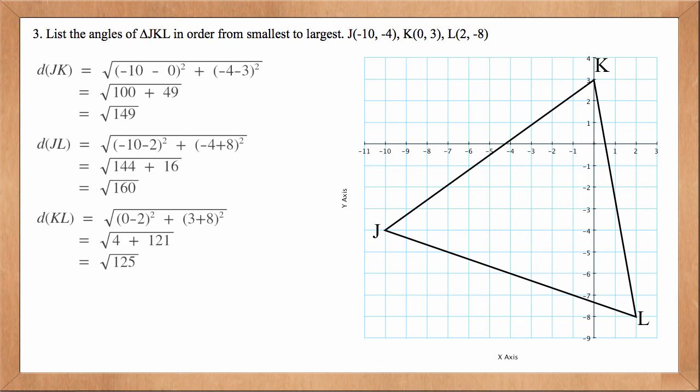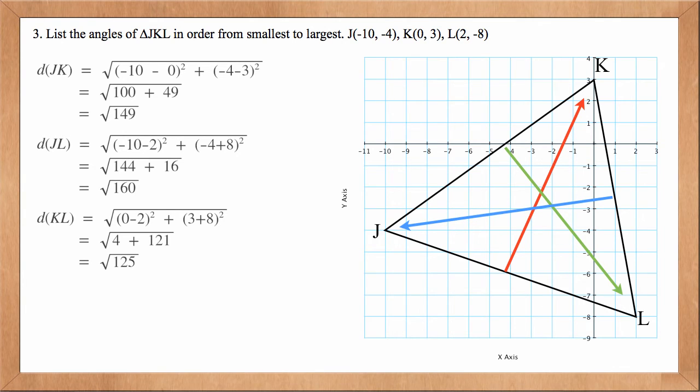Now we can say which angles are the smallest and which one's the largest by going to the opposite angles from the sides. The opposite angle from JL, which is the largest, is angle K. So angle K is the largest angle. The opposite angle from segment JK is angle L, so that's the middle angle.